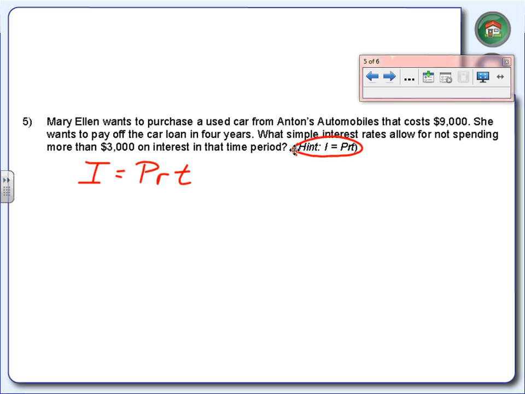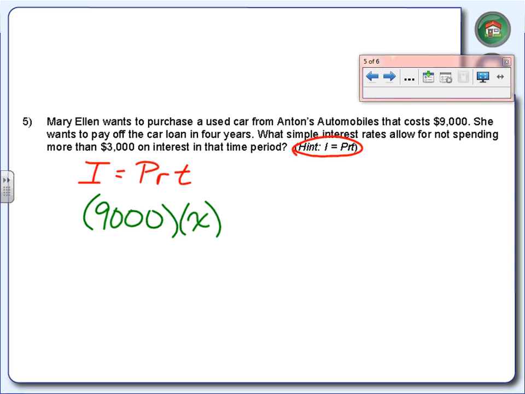All right, so let's see what we come up with. Let's start with the PRT. P is for principal or the price of the automobile. So we're going to start with $9,000. That's the P part. R stands for the rate, the interest rate. Well, we don't know the interest rate. Matter of fact, that's what we're looking for. So we're going to call the interest rate x. We have no idea what it is.